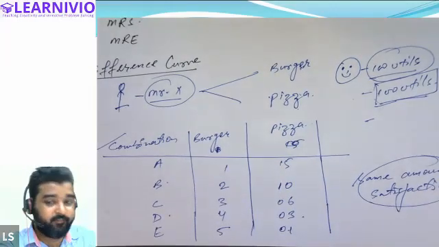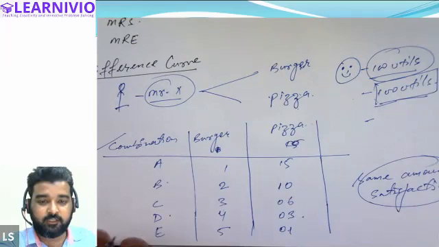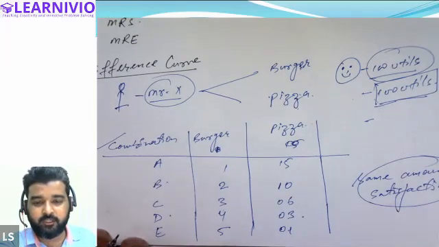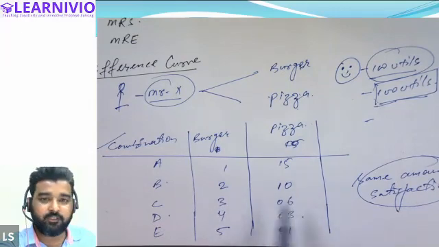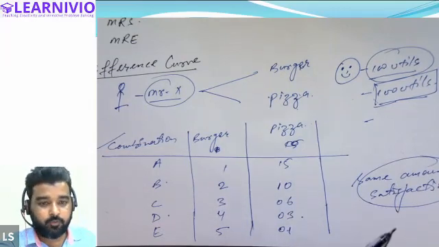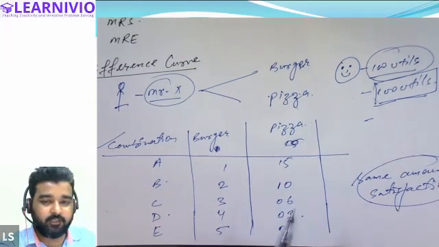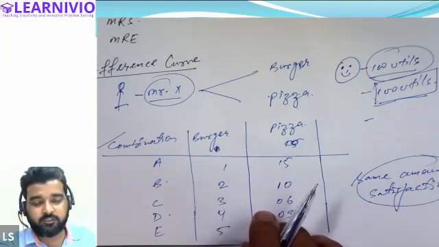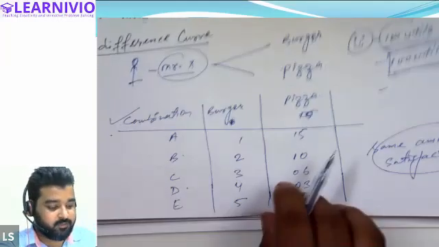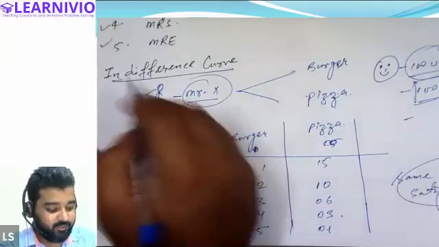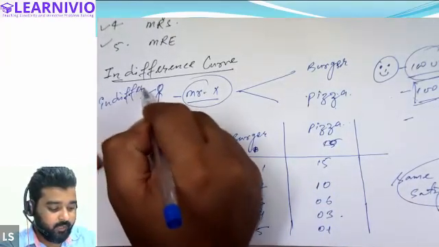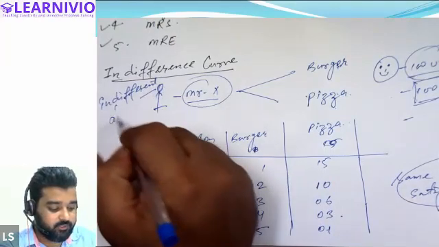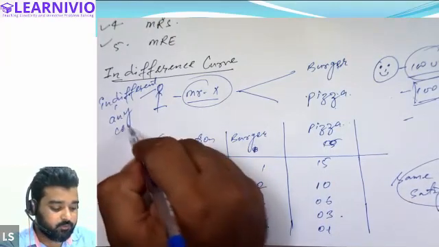So whether he consumes combination A, B, C, D, E, or any combination, he will have the equal amount of satisfaction in each of the combinations. So because he is having the same amount of satisfaction in every combination, we will say that the customer is indifferent toward any combination.